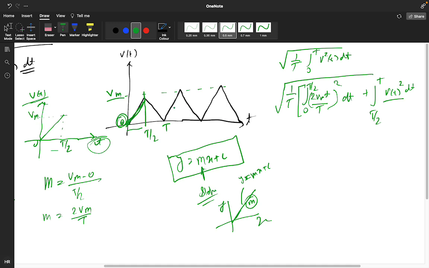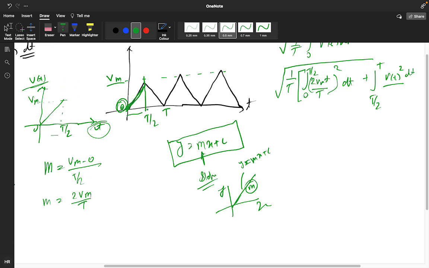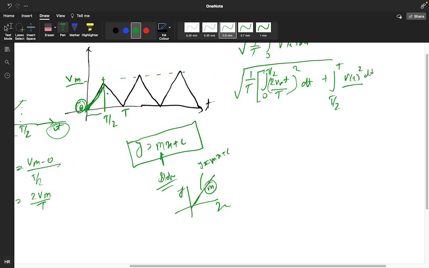Now you have to find the equation from here to here, from this point to this point. So what will you get as the equation? y equals mx plus c. y is nothing but v of t only.